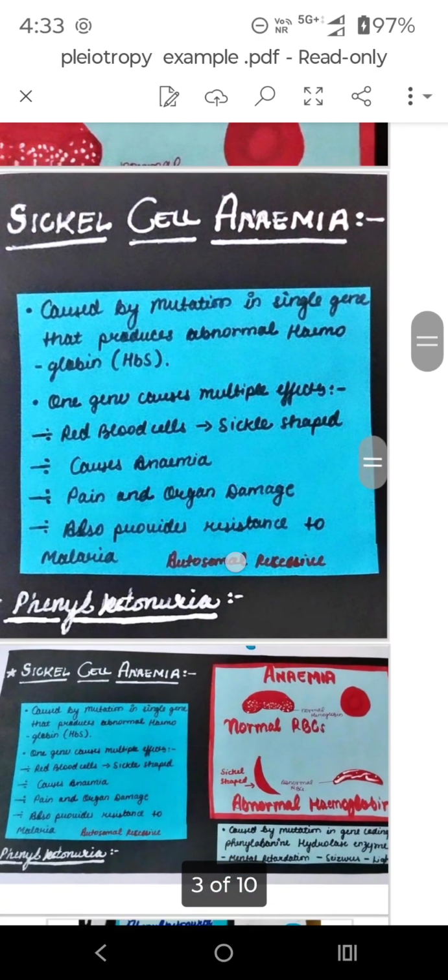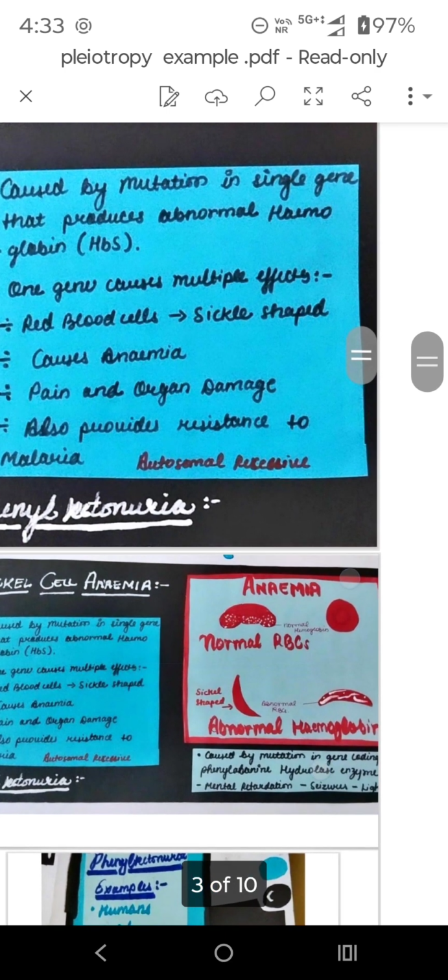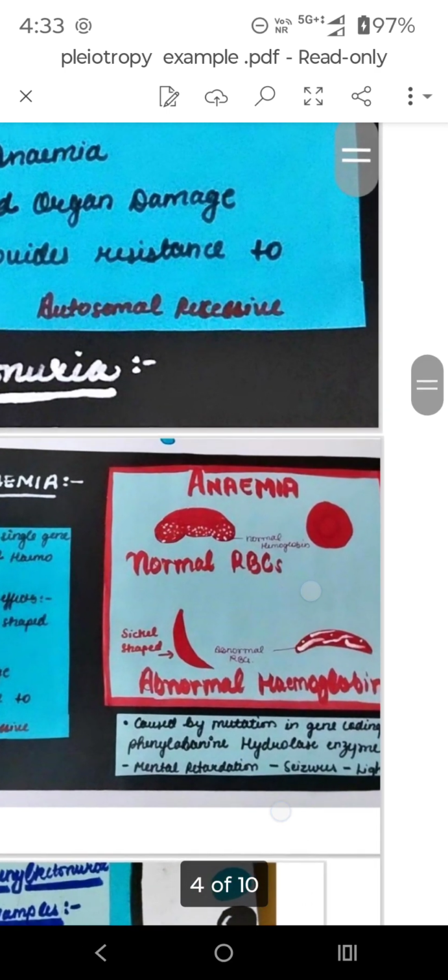Another example is phenylketonuria. Phenylketonuria is caused by a mutation of the gene that codes for the phenylalanine hydroxylase enzyme.